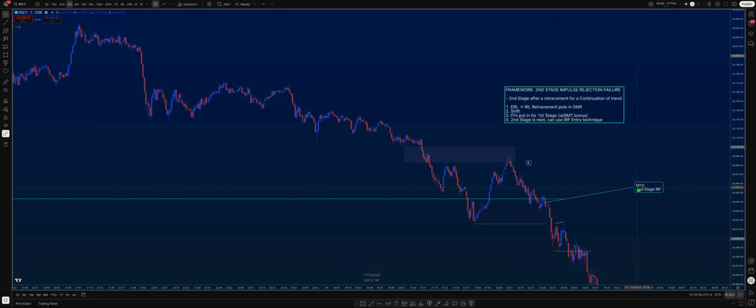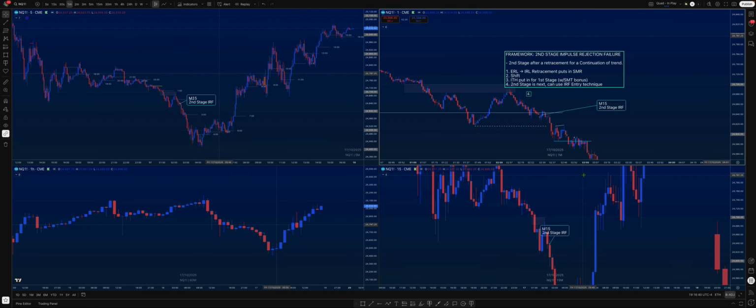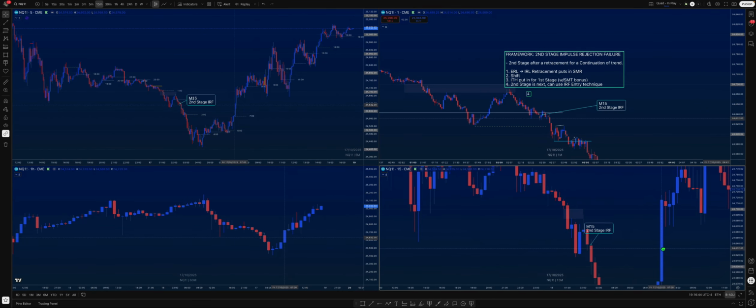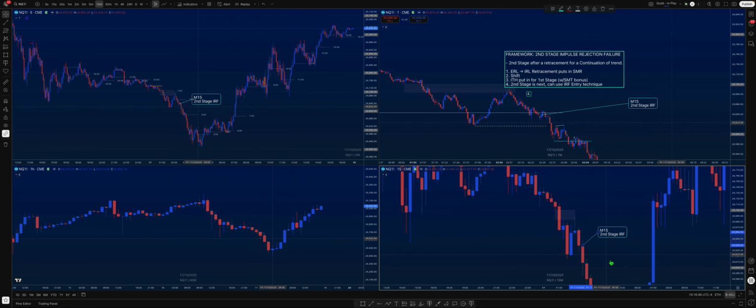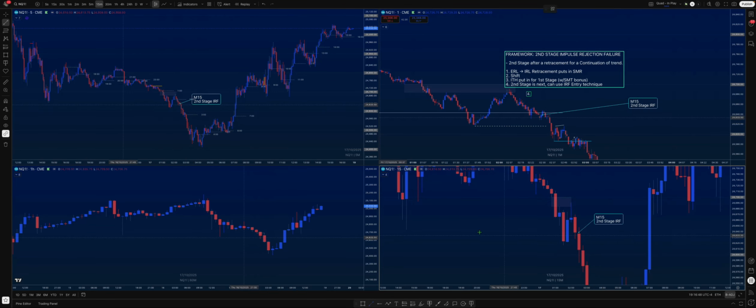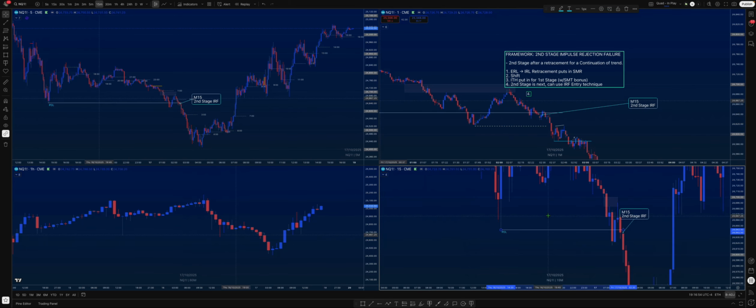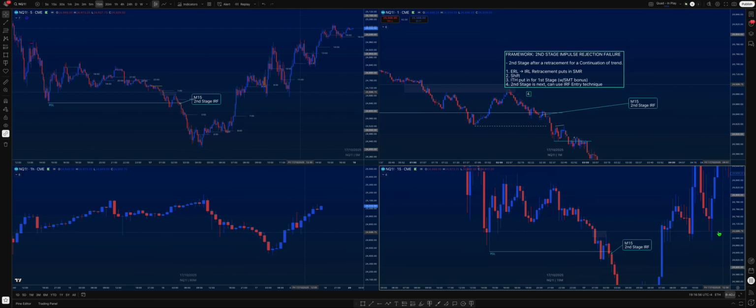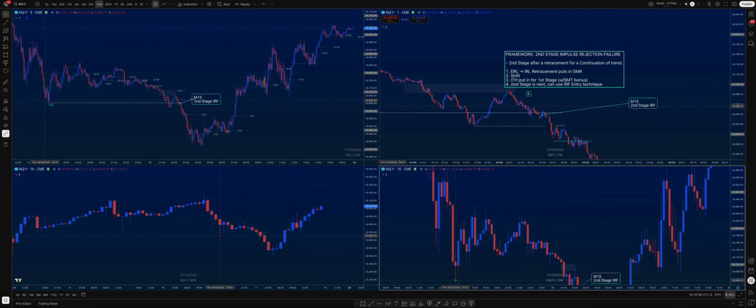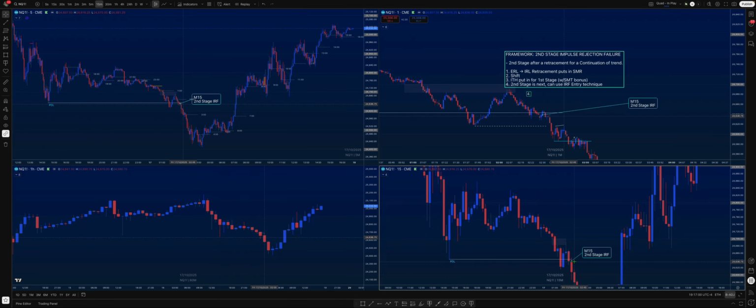And then the second stage impulse rejection failure, I'll show what that looks like. This is an entry technique that I use where you identify a key swing low or key swing high. In this case, it is this previous day low, and that's simply because that is the low of first stage of the model.